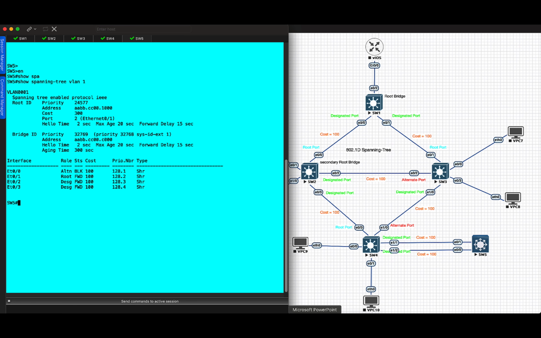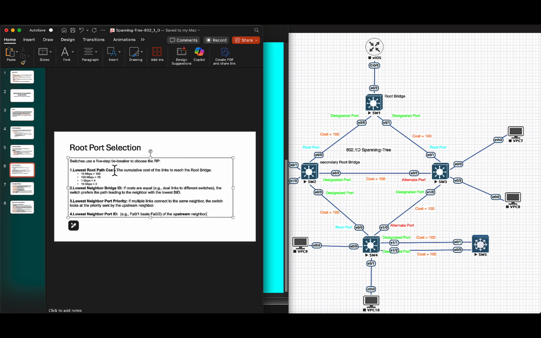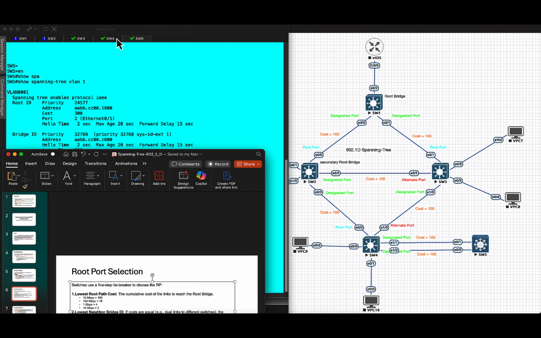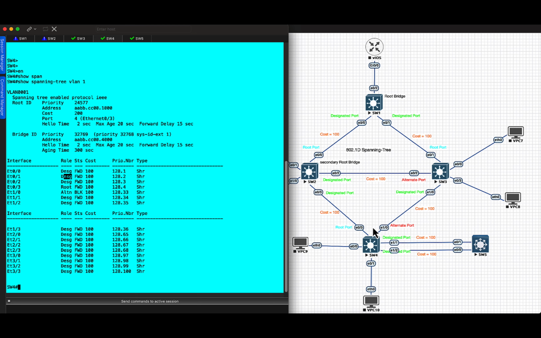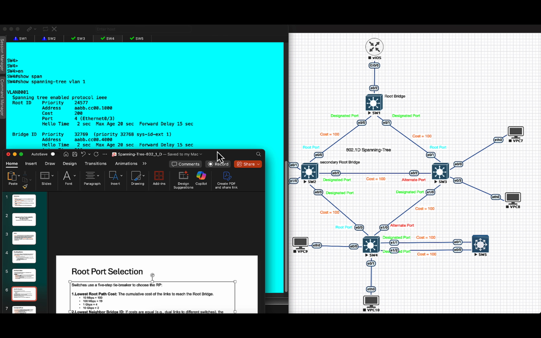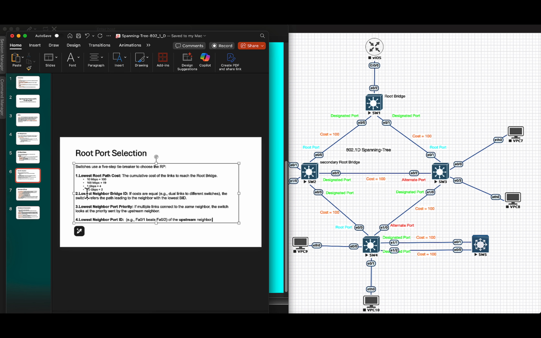So the tiebreaker of the path cost is not going to work for switch 5. What about lower neighbor bridge ID? Well, switch 5 is only connected to switch 4, which is the only neighbor, right? And switch 4 has basically the same bridge ID priority from switch 5's perspective, which means tiebreakers 1 and 2 don't work here for switch 5.